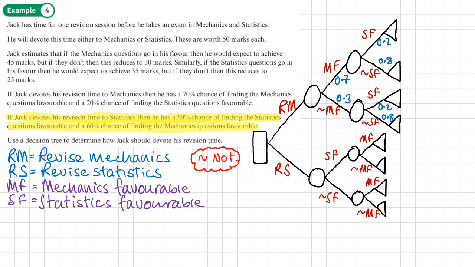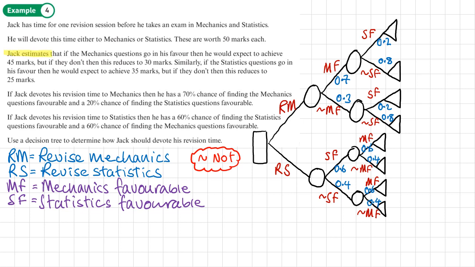So we'll have 0.6 here and 0.4. And then also a 60% chance of finding mechanics favourable. So 0.6, 0.4, 0.6 and 0.4.